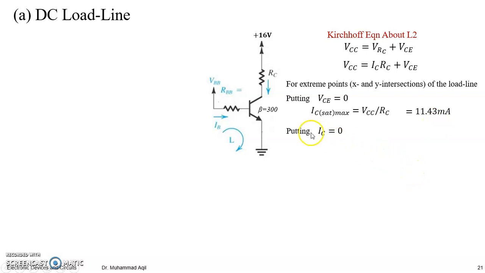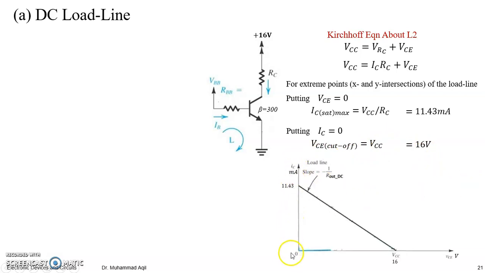For the x-intercept, we have to put the y coordinate as 0 in this equation. So VCE cutoff is equal to VCC. Now we can draw it, because we have VCC equal to 16 volts. So we have to draw the axes VCE total, IC total.